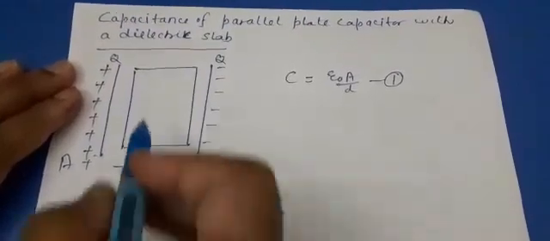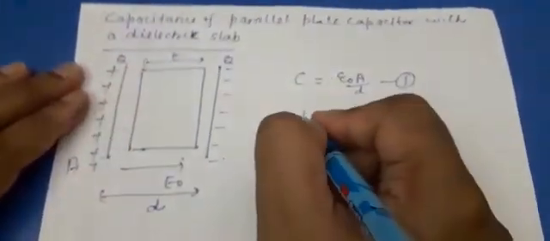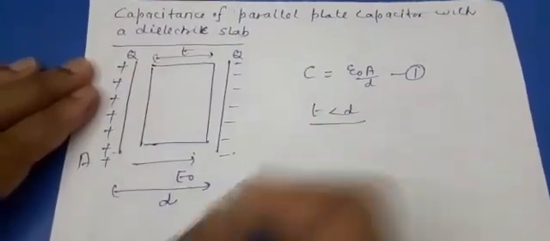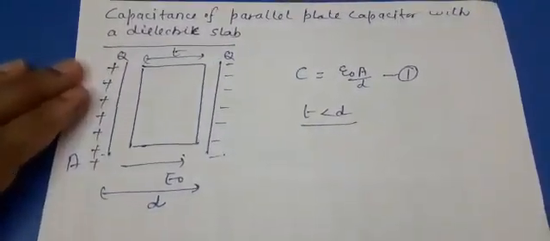Now let me take a dielectric slab of thickness T, such that T is less than D, introduced in between the plates of the capacitor.